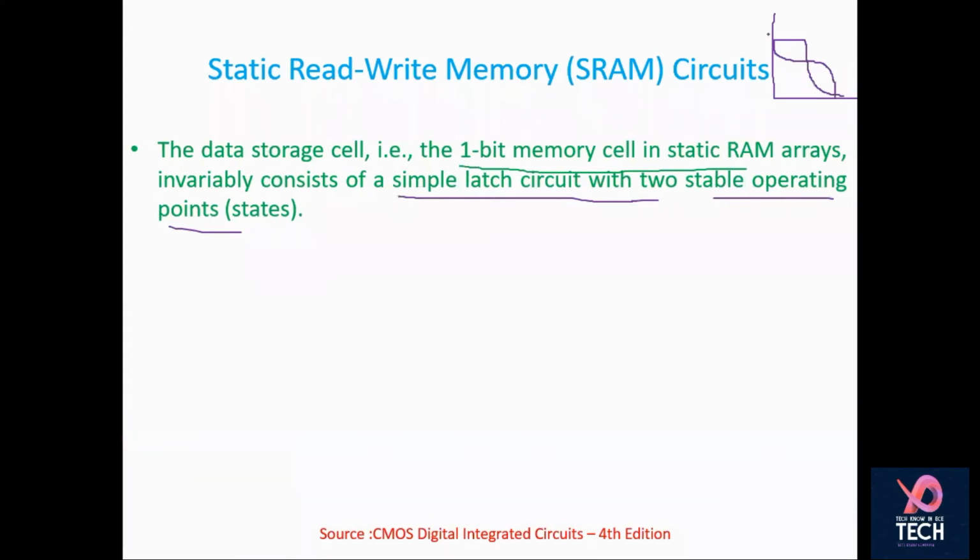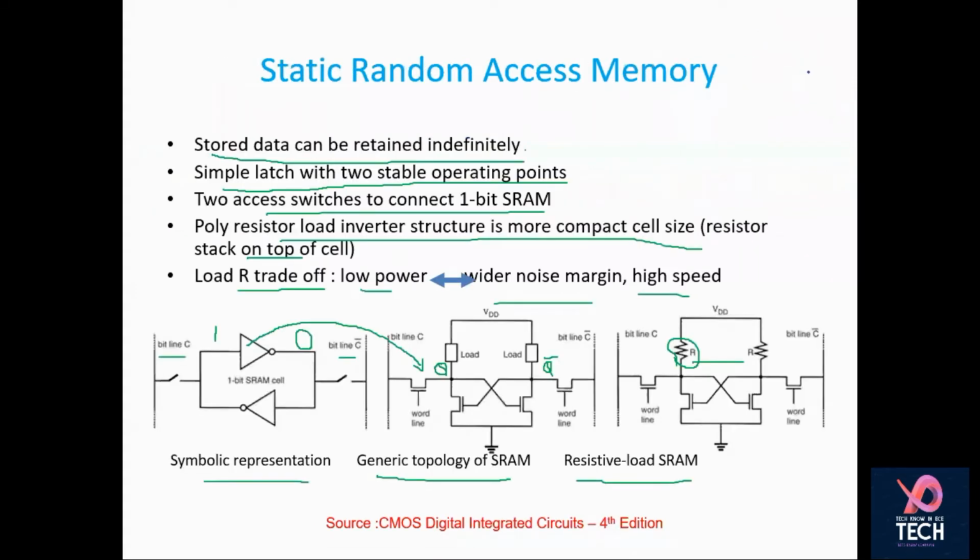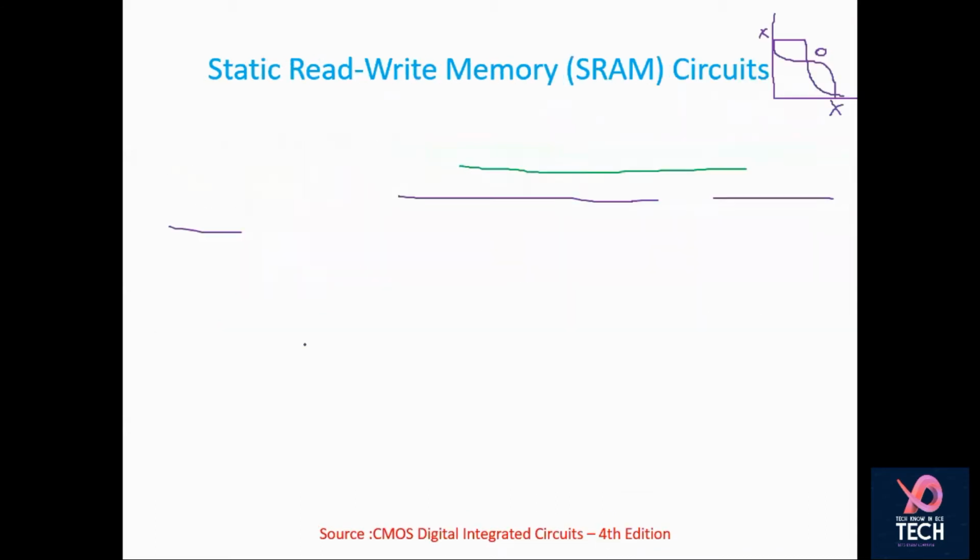This particular state is a stable point, this is a stable point, while this is an unstable point. Your system will not remain at this point for very long. Either it will settle on this position or at this position, depending upon the impetus leading it towards 0 or 1. But in the end, we make our system stable at either 1 or 0, depending on the type of the inverter. Here we are using two inverters, so they are stable either at 1 or 0, depending upon the type of inputs.